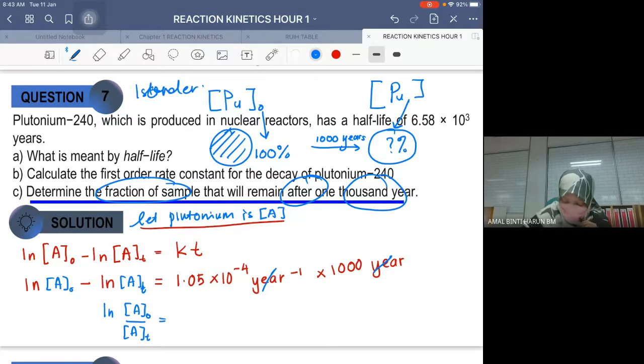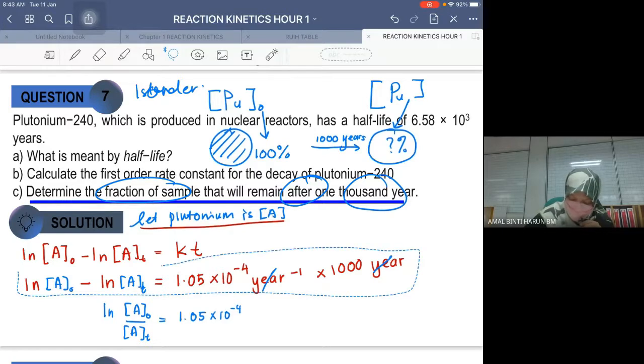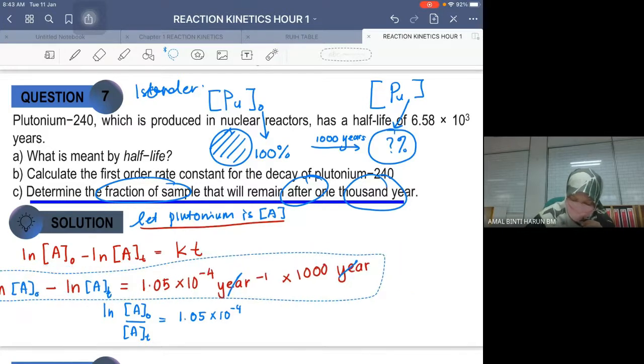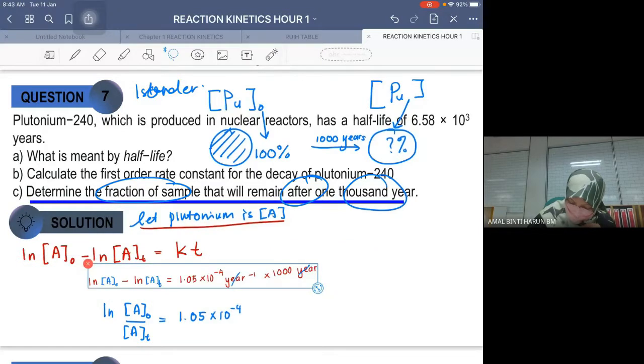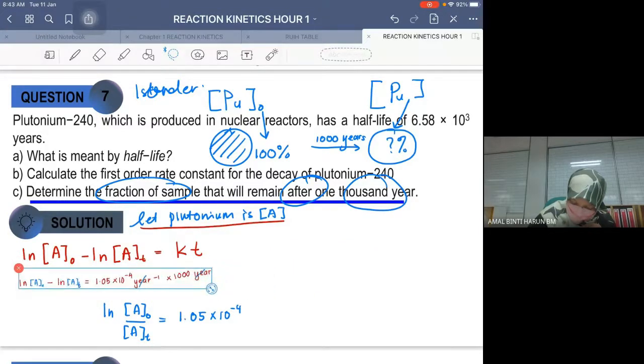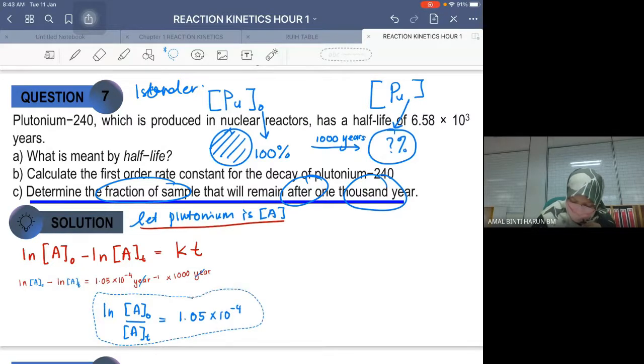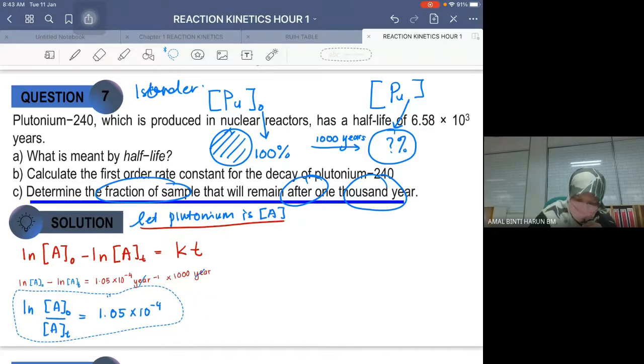Kalau salah math saya bagi tahu, 1.0 exponent negative 4. So kita dapat fraction. Saya nak kecilkan, precise. Okay, dah.